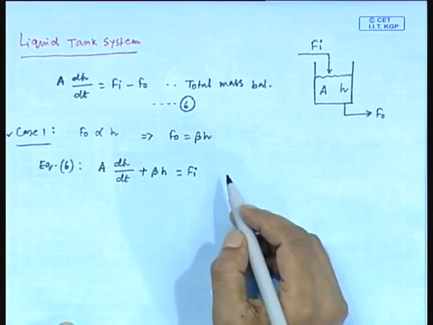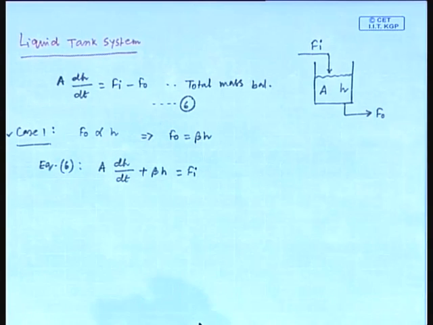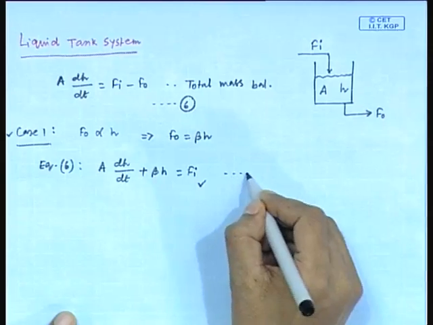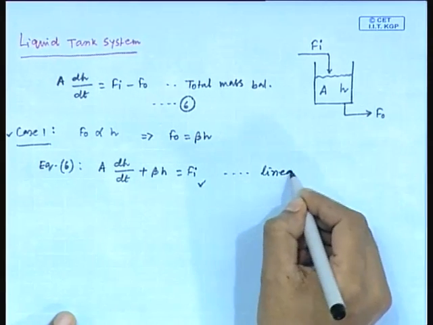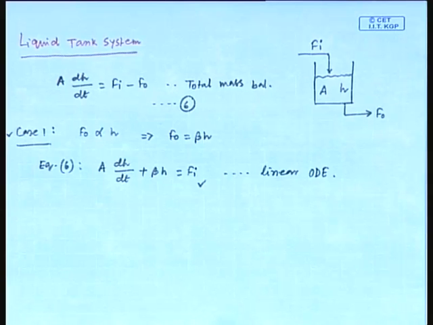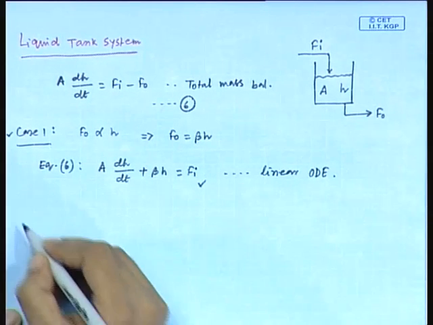If we substitute F0 equals to beta H in equation 6, we get this form, and this is a linear ordinary differential equation. So, there is no need of any linearization. Fine, we can solve it analytically.